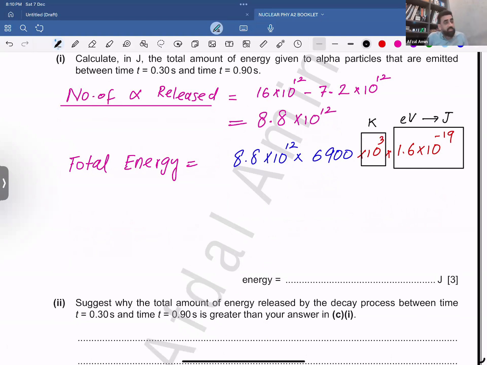Calculate. The answer is 9.7 joules. Fair enough? Next question.